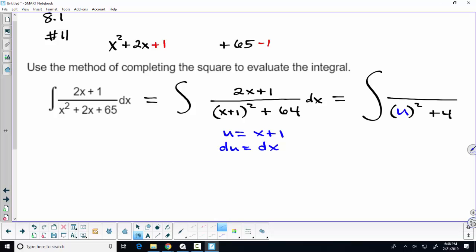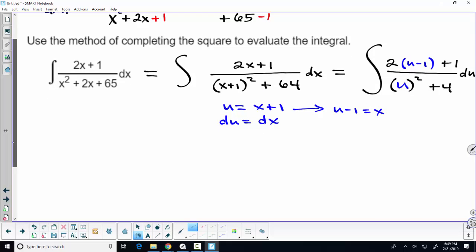We need to account for the 2x plus 1. So similar to that last problem, where u equals x plus 1, we can solve for x. So x is really u minus 1. A bit better because we don't have the x plus 1, right? We just have the u squared.